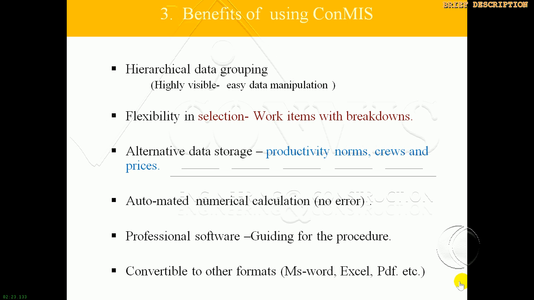If you are a beginner in cost estimating or payment processing, don't worry, the system guides you. The reports in ConMIS are exportable to other formats like Word, Excel, PDF, and also you can export activities, resource data, and resource assignments to Microsoft Project. So you can benefit more from ConMIS.